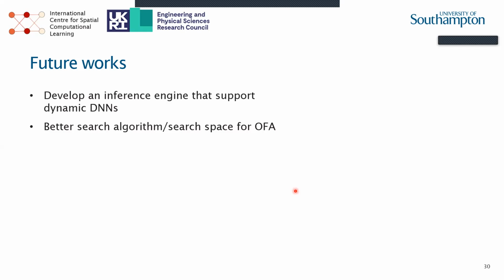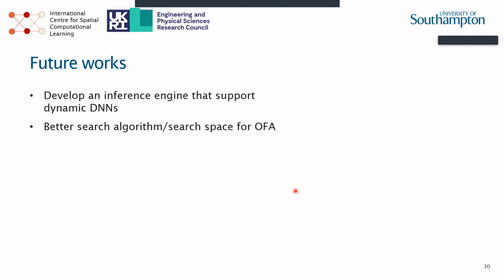We asked a master's degree student to do some work. The work is to compare the execution time and the switching time of two setups. One is running dynamic OFA in PyTorch. The second is treating each subnetwork of dynamic OFA as an individual model, and then using PyTorch Mobile to optimize each one of them.